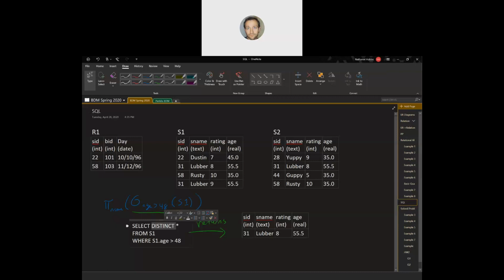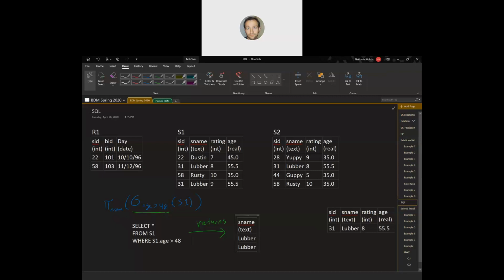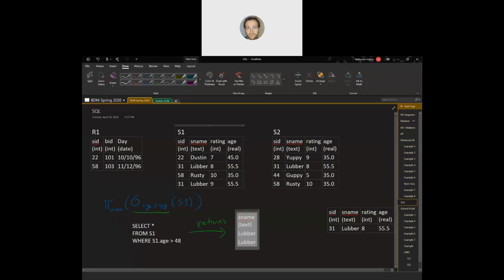Without this distinct, what this would return would be this. So it returns two entries where we have a repeat.